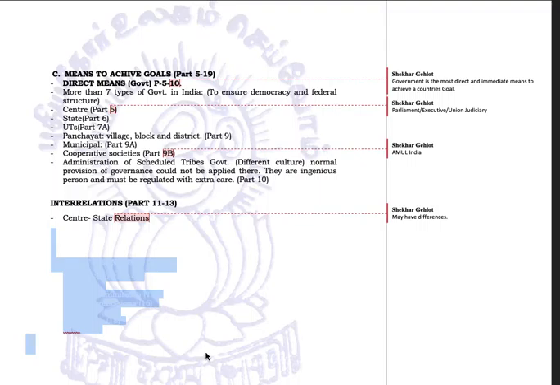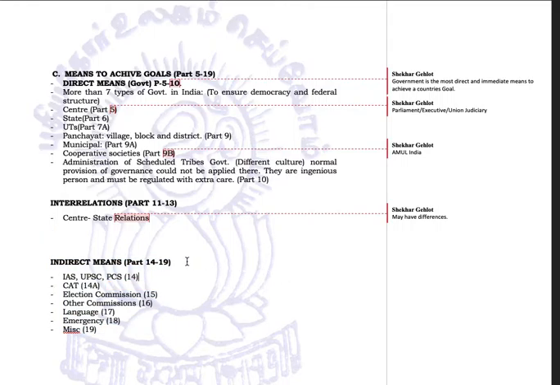When we have direct means to achieve those goals, we also have some indirect means. Indirect means run from part 14 to 19.